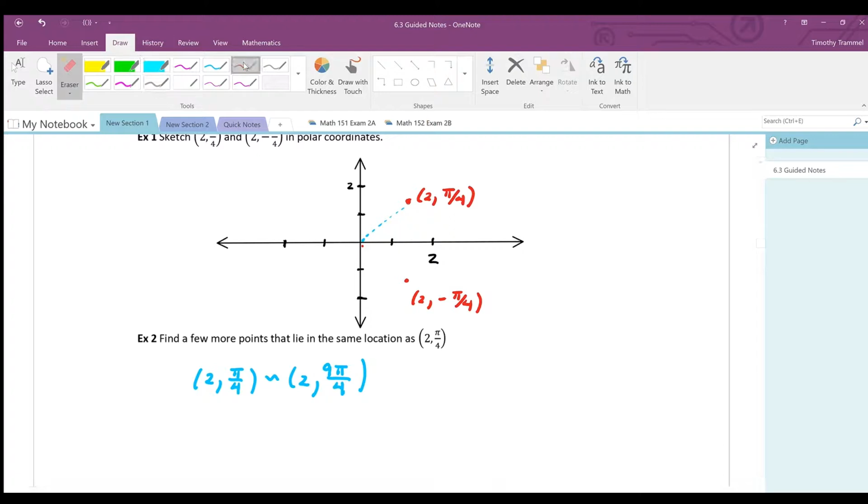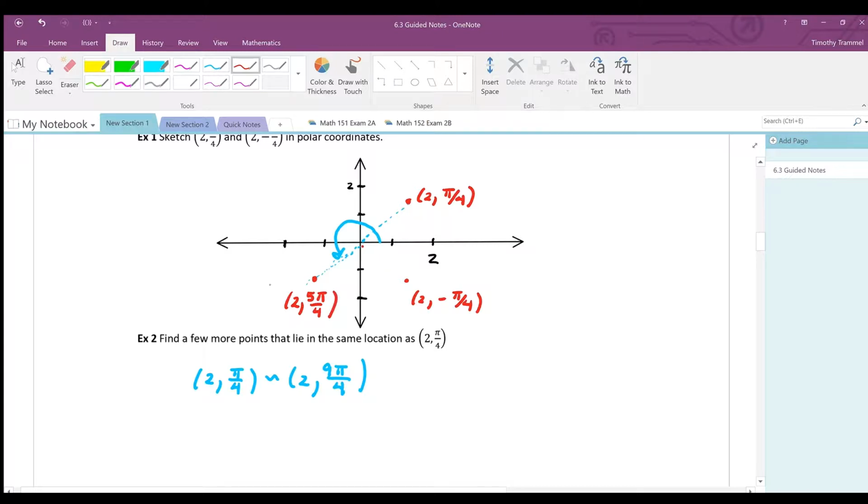Let me show you what I mean here. So let's say instead we rotated to the other side here. I'm going to try and draw in a dotted line. And so here's our dotted line here and our angle that we don't really know what it is yet. But I want us to go down here to what would be approximately 2 comma 5 pi over 4.